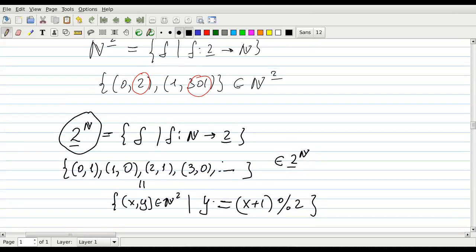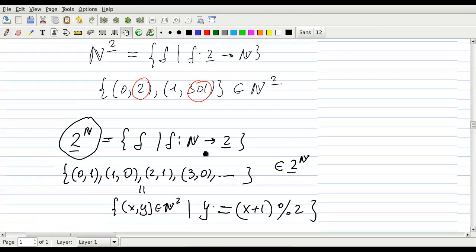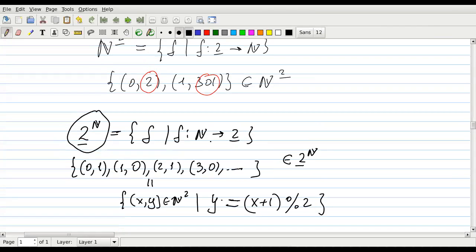But this is still applicable to our written exams and so on. So it's very important to be able to give an example of any notion you define.